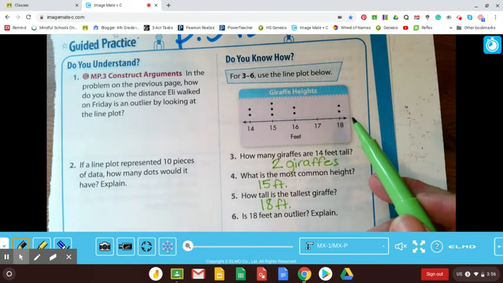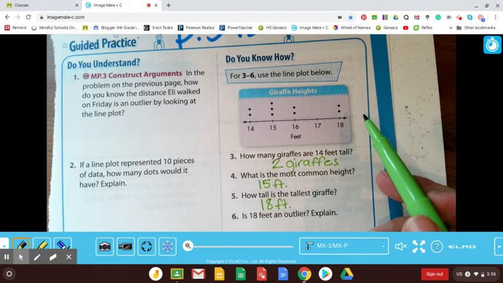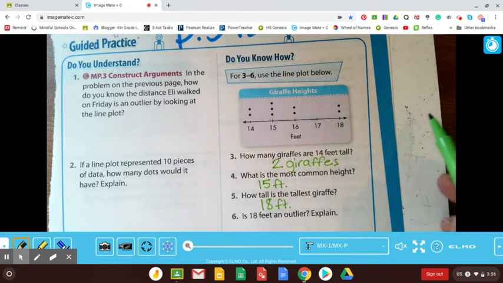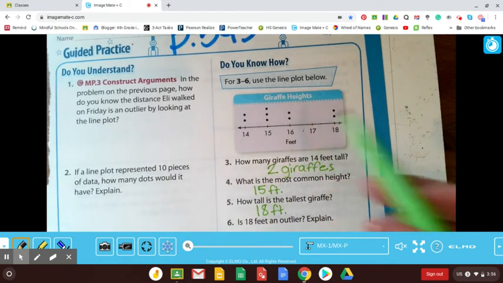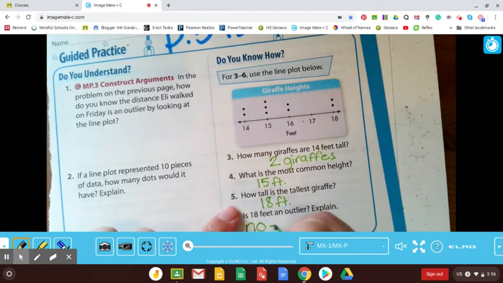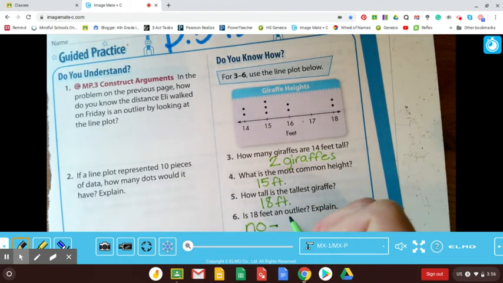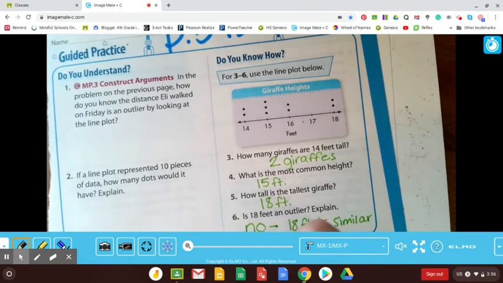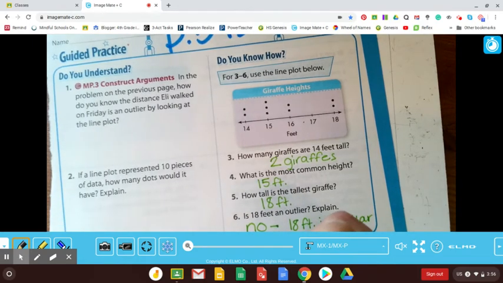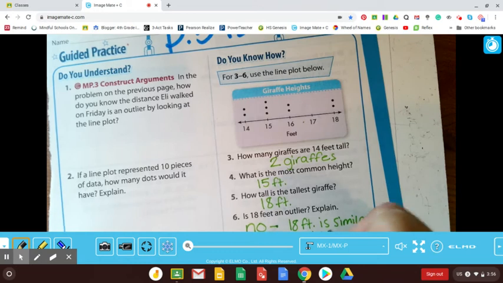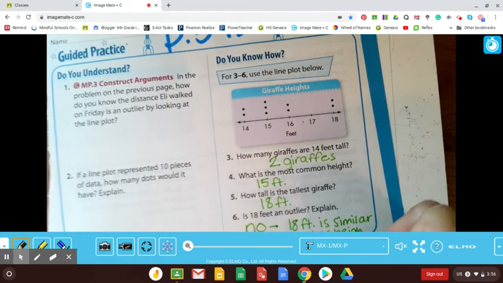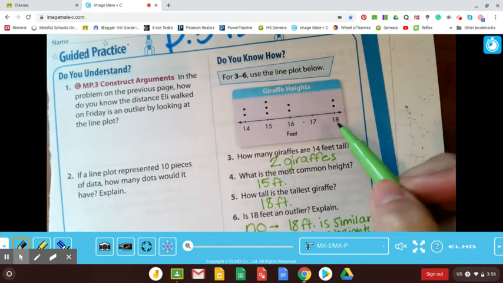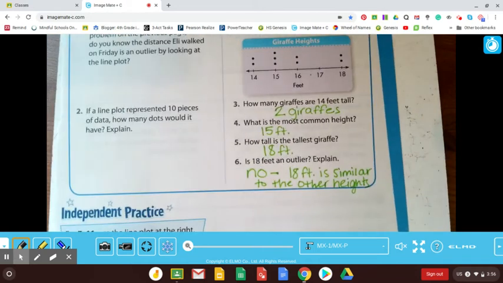But the answer to that is no. 18 feet is not really that far off from 14, 15, and 16. So our answer is no. And if we want to write a reason, we could say 18 feet is similar to the other heights. Right, 18 feet is not that far from 16, so it is really not an outlier.